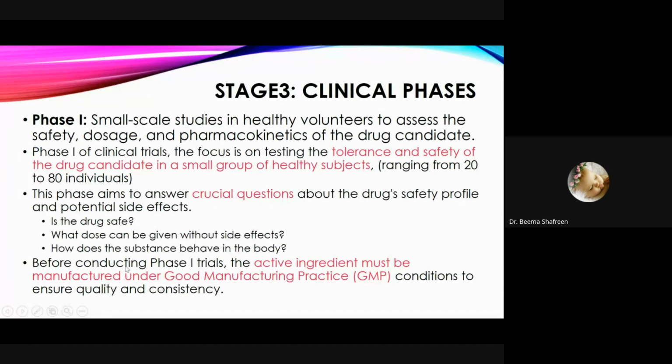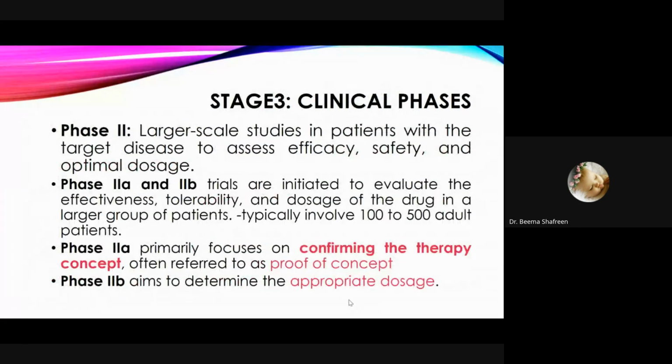And then before conducting the phase trials, the active ingredients will be manufactured using GMP conditions in order to ensure their quality and consistency for the next clinical process of testing. Phase 2 of this clinical phase will be larger studies in patients, where a group of adults, that is 100 to 500 patients, will be taken.